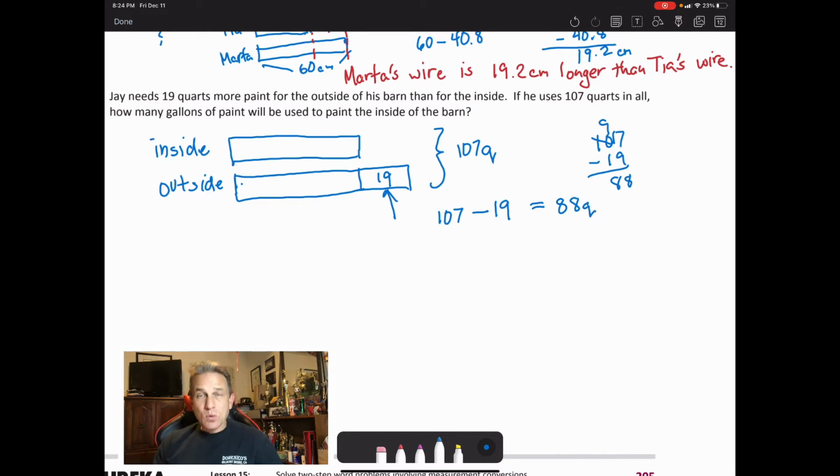Okay, now that 88 quarts is going to be this portion right here that's left in paint. So out of the 88, I can see that two of these units, this unit and this unit, equals a total of 88 quarts.